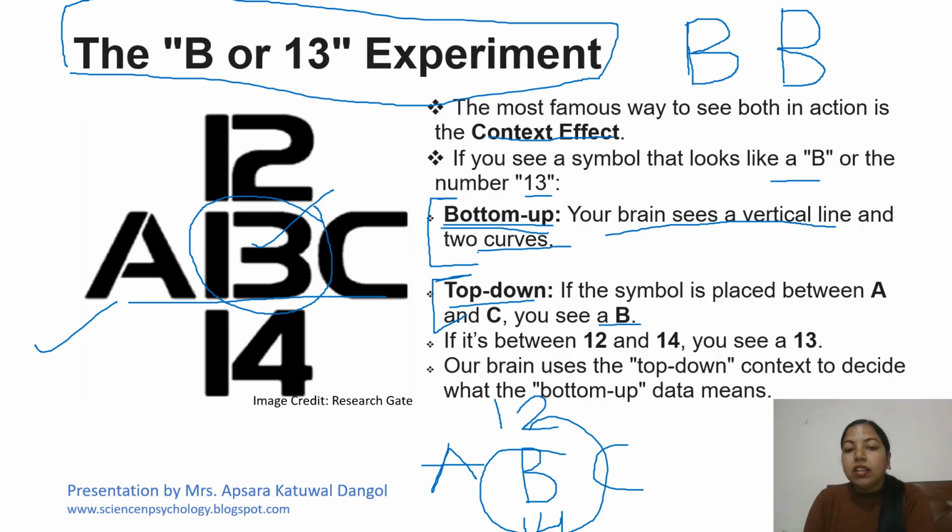So it's our brain which uses top-down context to decide what the bottom-up data means. So this is all about top-down and bottom-up processing.